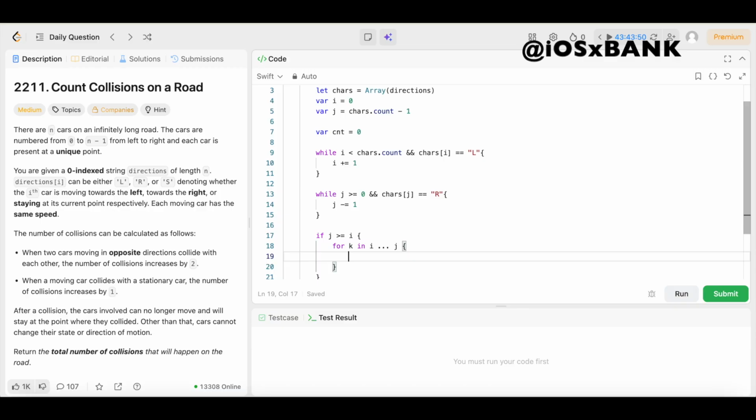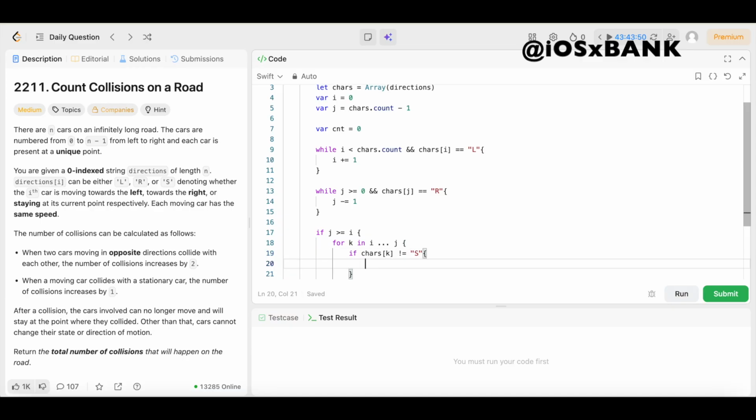Both L and R cars in the middle zone eventually hit something. So we're going to say if chars[K] does not equal S, we're going to open up the brackets and say CNT += 1.